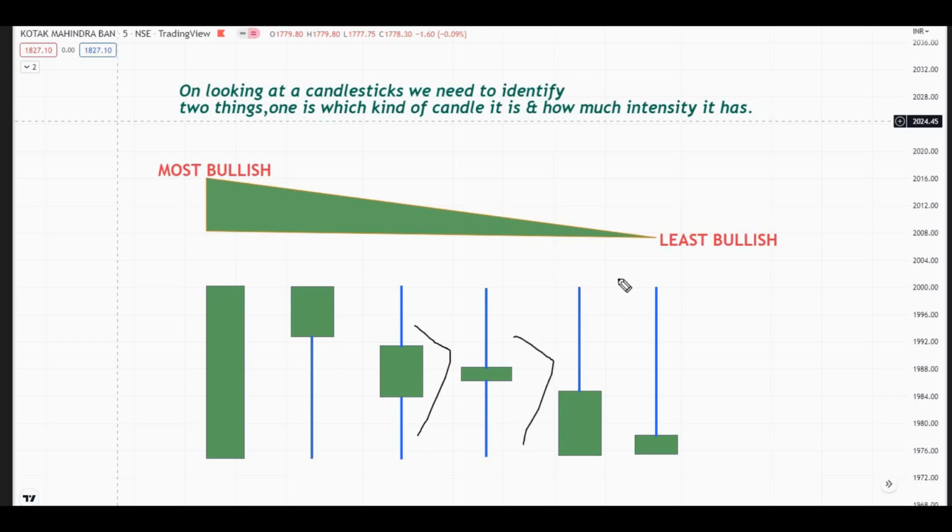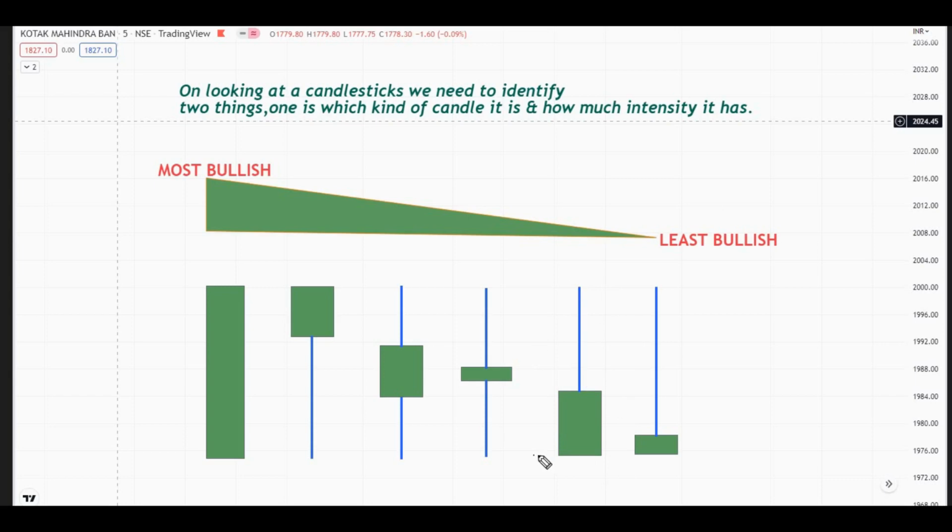Now this candle is sort of a bearish candle because the closing price is around the bottom half of the 50% of the range of that candle. Okay.